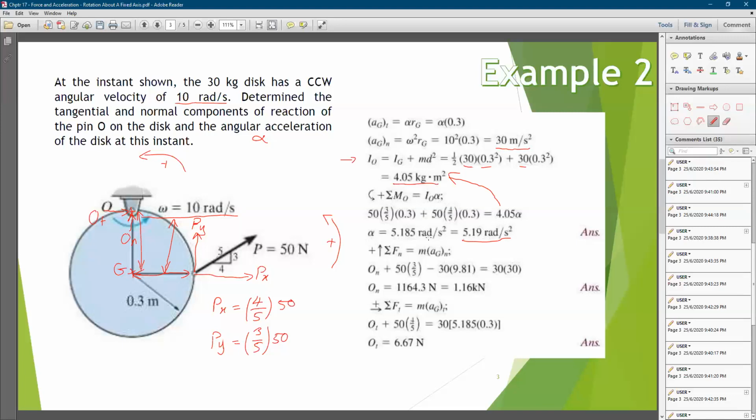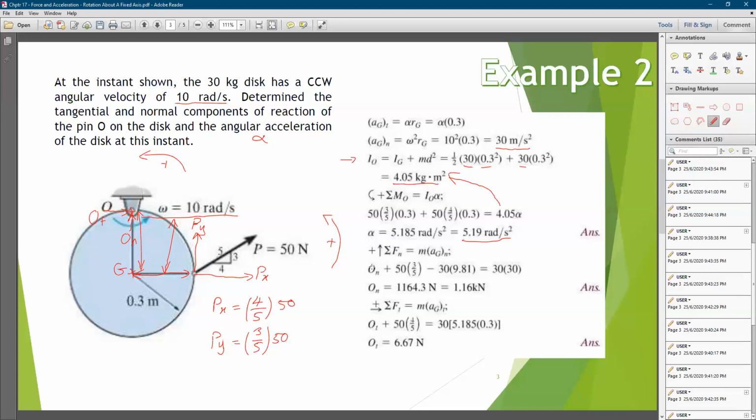Now the next part, we want to calculate the normal component of reaction at the pin O. We calculate the summation of forces in the normal direction, and going up is the positive direction.